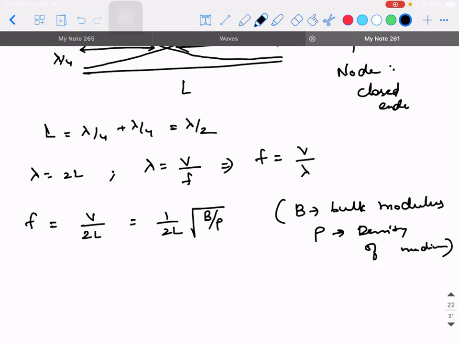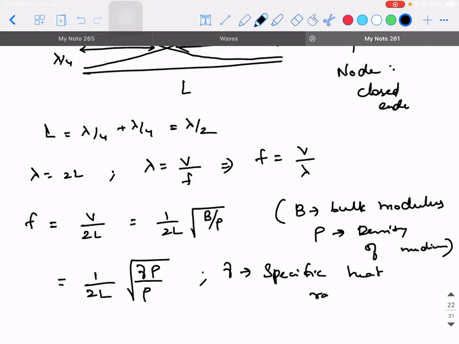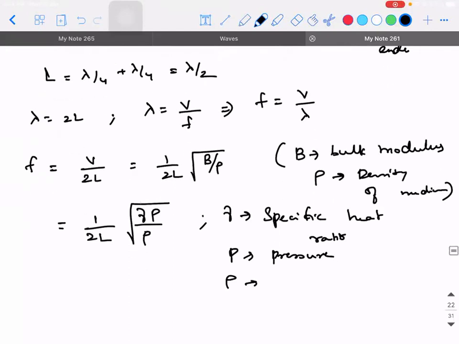Sometimes it is written as 1 by 2L into root of gamma P divided by rho, where gamma is equal to Cp by Cv, called the specific heat ratio, and P stands for pressure. Rho stands for density.